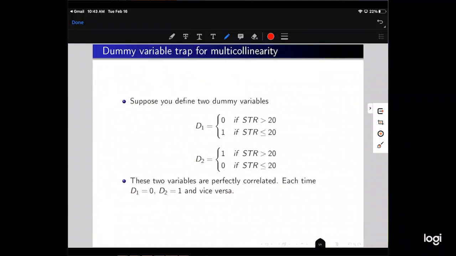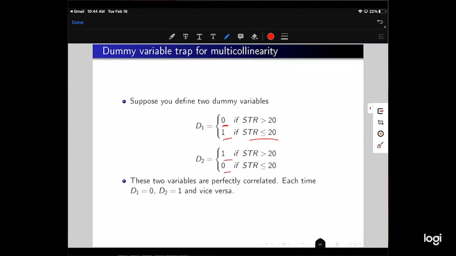This is a common problem when you have dummy variables. So maybe in this case I'm defining student-teacher ratio large classes as greater than 20. D1 is 0 if student-teacher ratio is greater than 20, and 1 if student-teacher ratio is less than or equal to 20, and then D2 is just the opposite, 1 if student-teacher ratio is greater than 20, and 0 if less than or equal to 20.